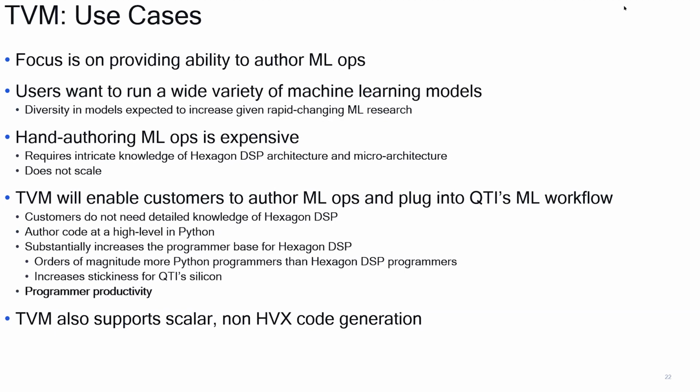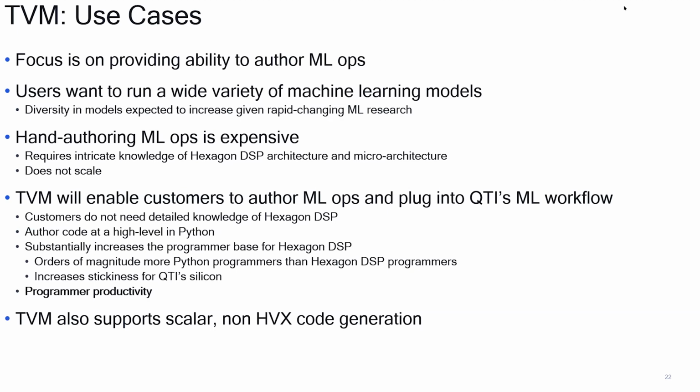TVM will enable customers or engineers to author ML ops and plug into Qualcomm's ML workflow. Here the word customers is there because people buy our DSP and use it. Customers or engineers do not need detailed knowledge of Hexagon DSP. They can author the code in high-level Python and leave it to compiler engineers to optimize that code for the underlying architecture.